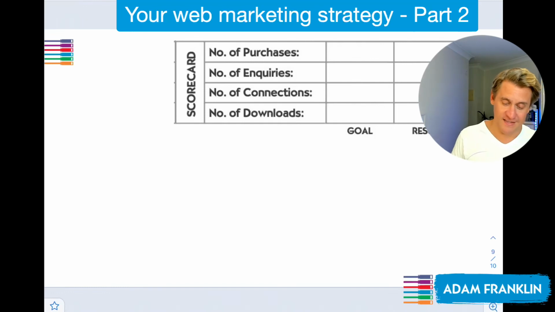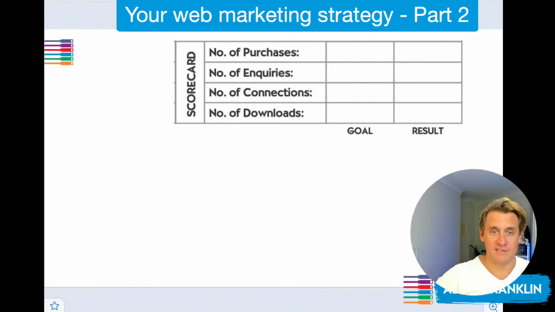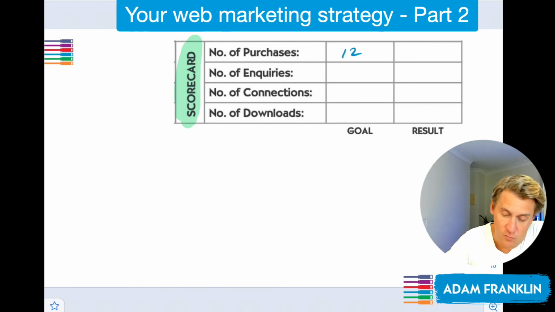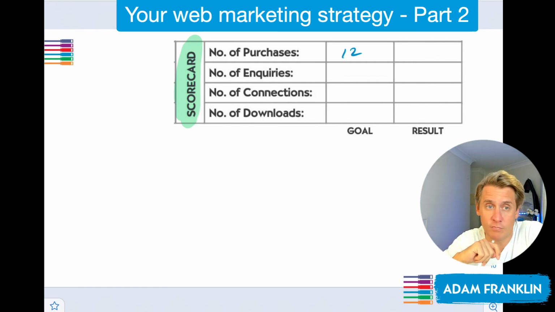And then finally, we just need a scorecard to keep track of our results. So if we know that we want to get, let's call it, 12 new clients over the course of the year, one a month, we might close maybe 1 in 3 qualified prospects.